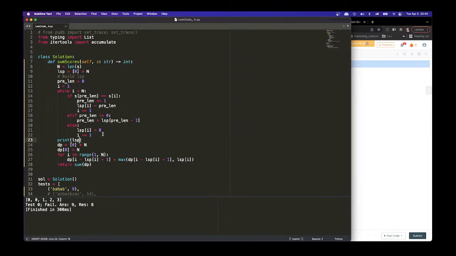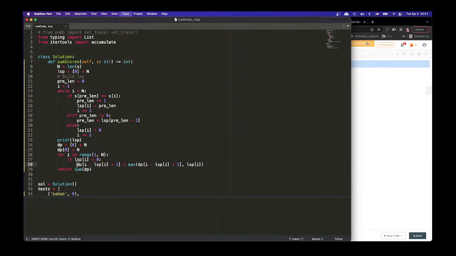How about LSP must be larger than 1? Let's say if LSP I is larger than 0, because if at a certain position I have nothing matching, we shouldn't consider it. Still not right, but that's fine. Because from this towards the end is nothing, we don't do anything, so it's still 0.